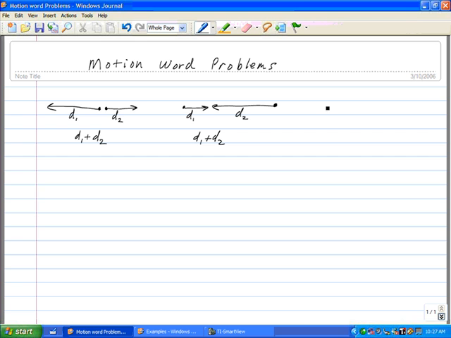Now the one type that is slightly different from these two is the situation in which two objects, and again we could be talking about airplanes or trains or bicycles, anything in motion, start at the same location heading in the same direction.